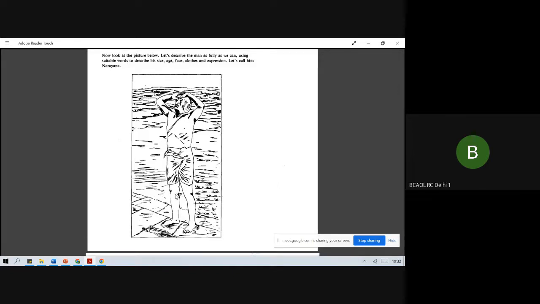He's not that much fat, and he's not wearing sleepers as well. So this is how I can explain this picture, because I have given a name for this person. In the background, he is standing at the side of his home, and in his field, we can say this.